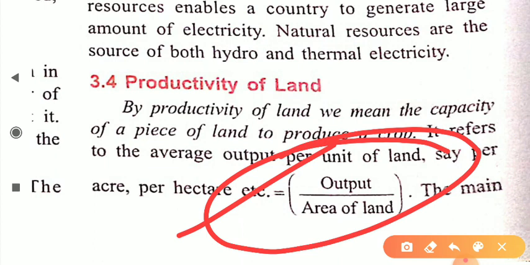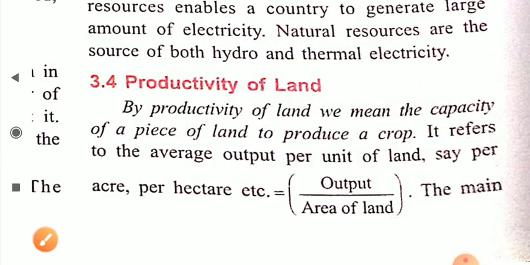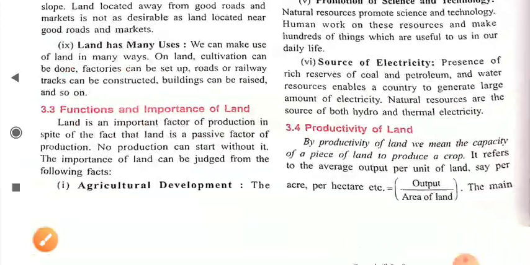Suppose in 1 hectare of land you have produced 10,000 quintal of rice, or 9,000 quintal, or 5,000 quintal. So the total output, like 5,000 quintal of rice divided by 1 hectare, whatever amount you receive simply represents the productivity of land.